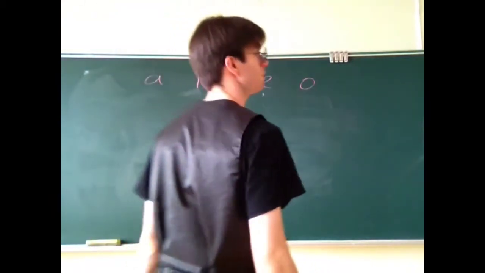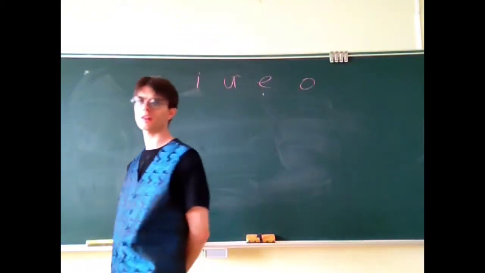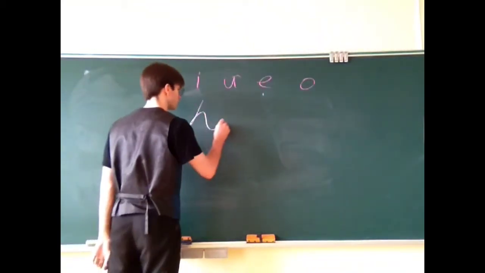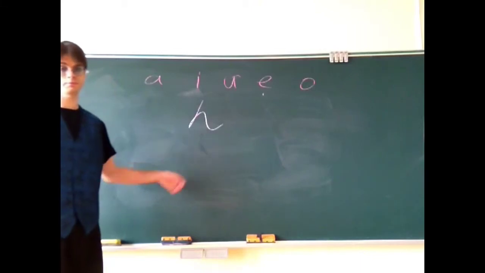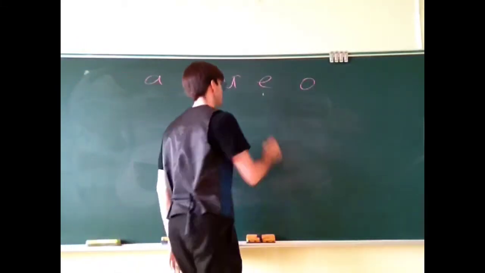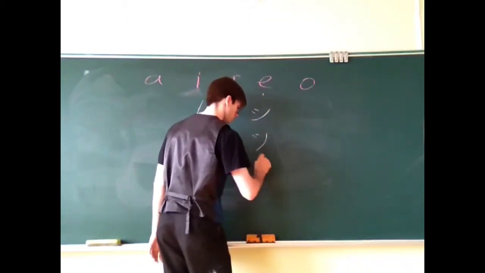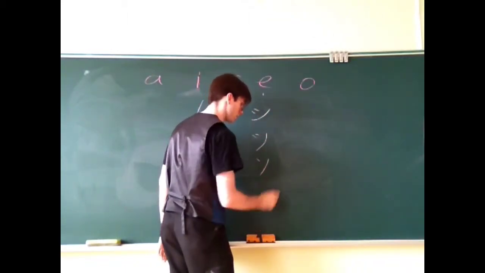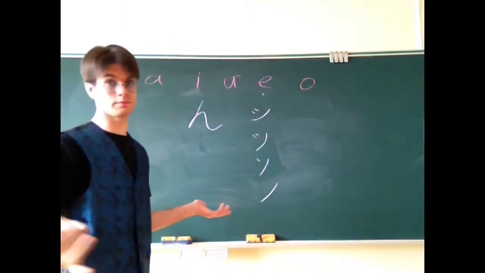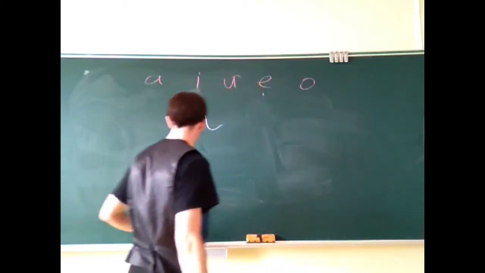And now it's time for the nasalized consonant, the sound that you get at the end of syllables and whatnot. In hiragana it was this thing, remember that one? Do you also remember I told you about the nightmare set? It's got shi, su, so, and n. The last one is written like this.